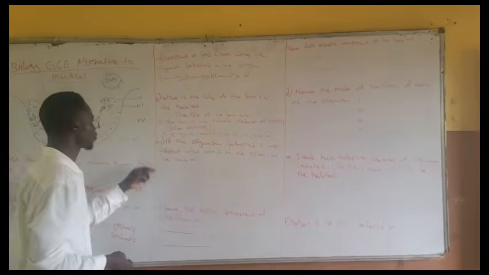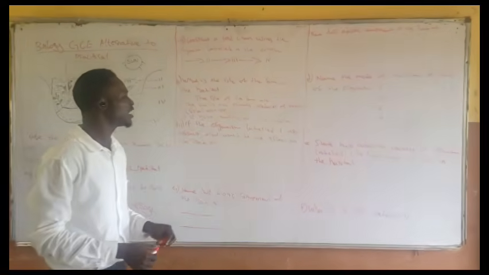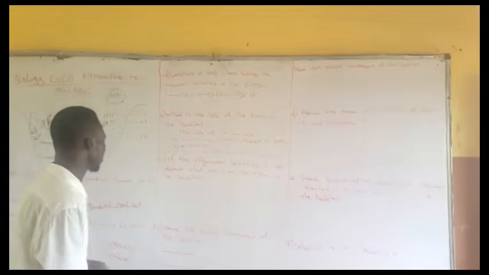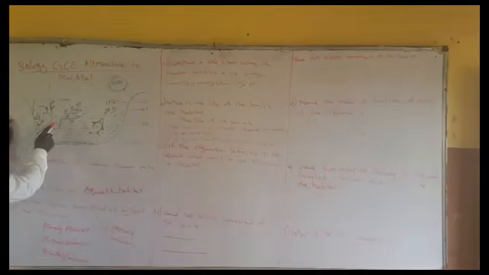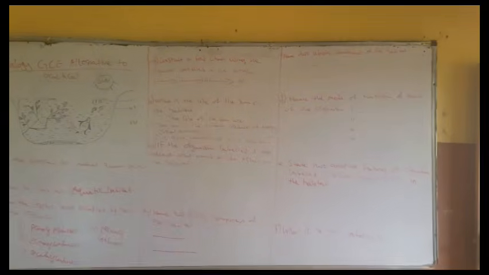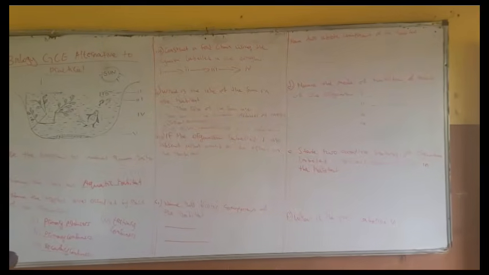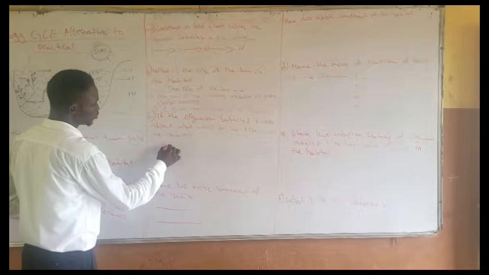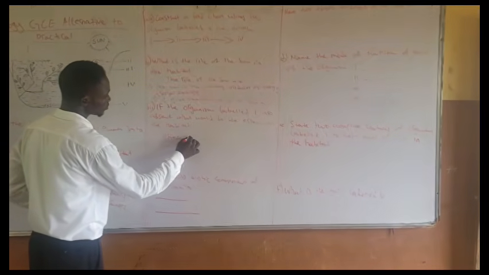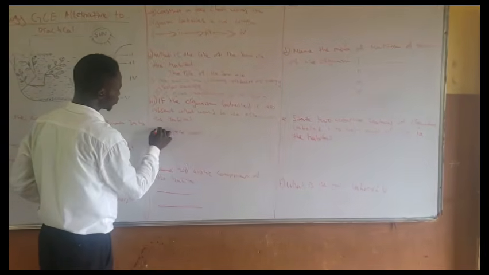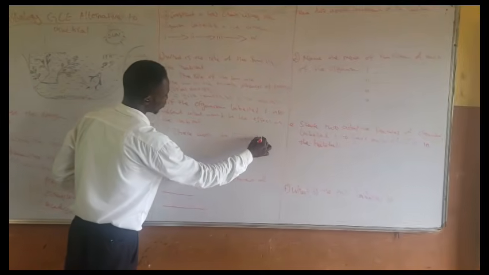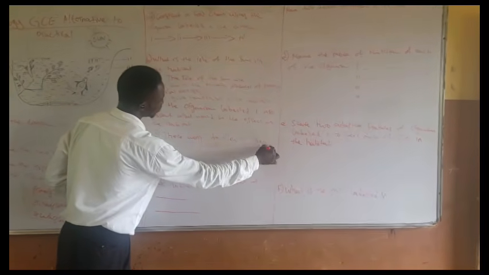habitat. The next question says, if the organism labeled I are absent, what would be the effect on the habitat? Number one, there won't be flow of energy.